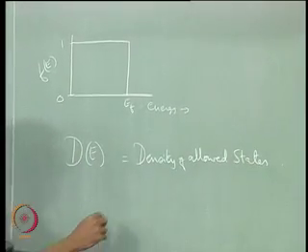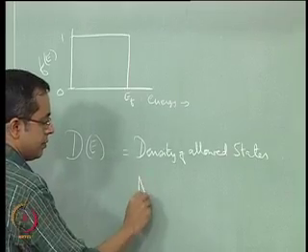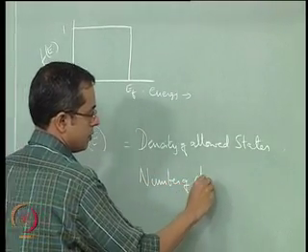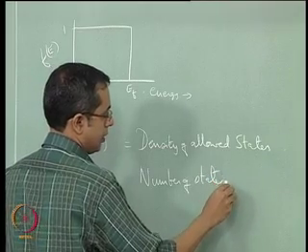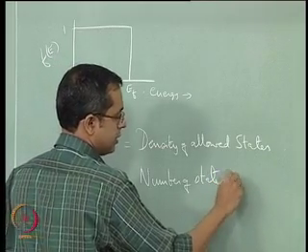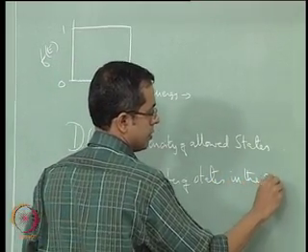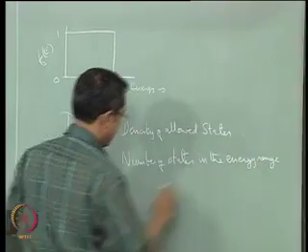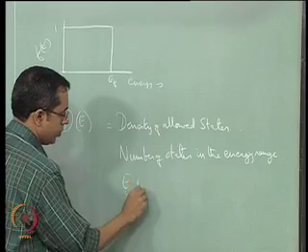Effectively it is the number of states in the energy range E to E plus dE.